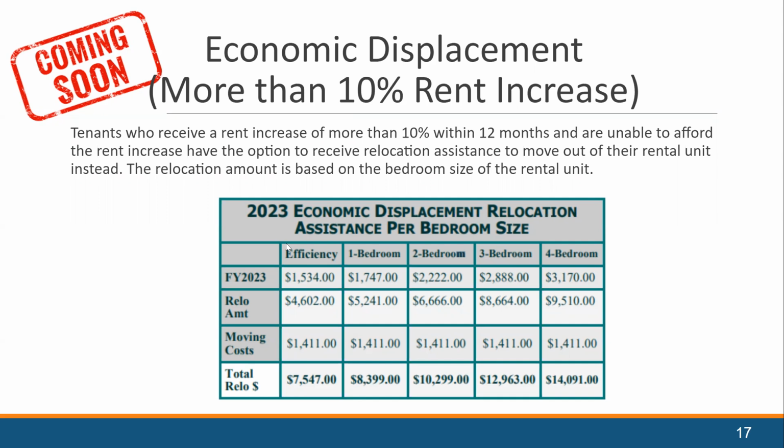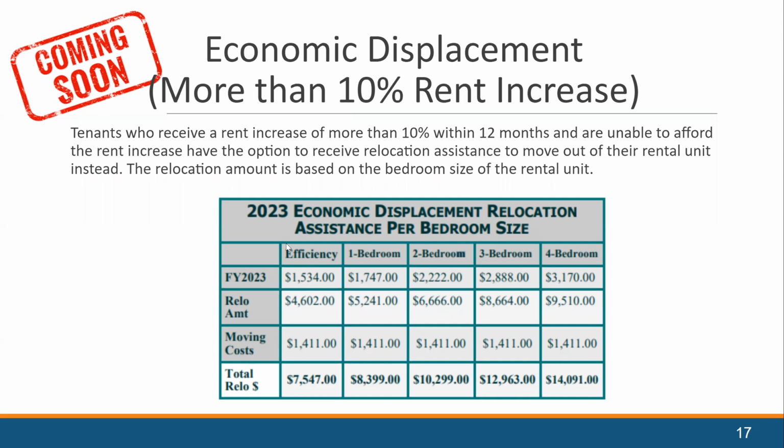The relocation assistance amount for a 10% or more rent increase is different than the relocation amounts for no-fault eviction. The relocation amounts for economic displacement are displayed on your screen, and they are based on the total number of bedrooms. So, for example, for a one-bedroom unit, a tenant would be entitled to relocation in the amount of $5,241.